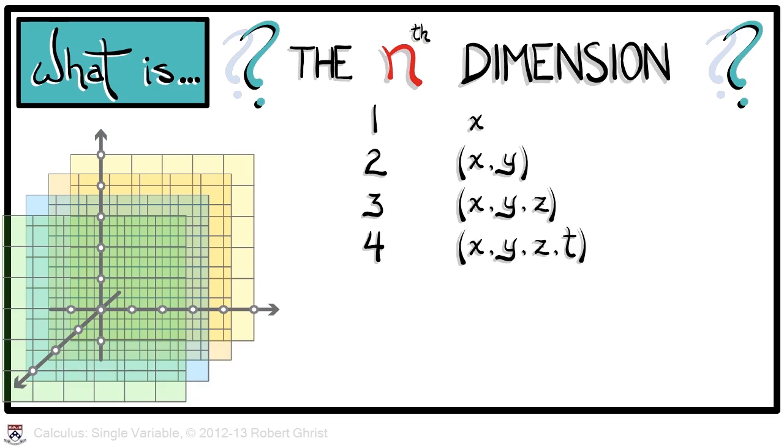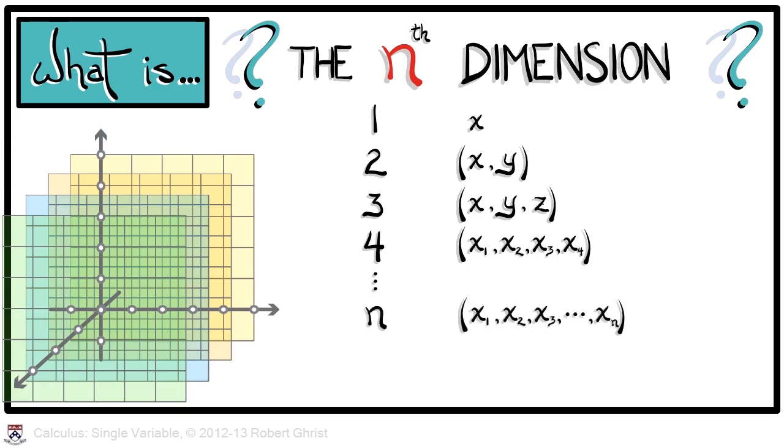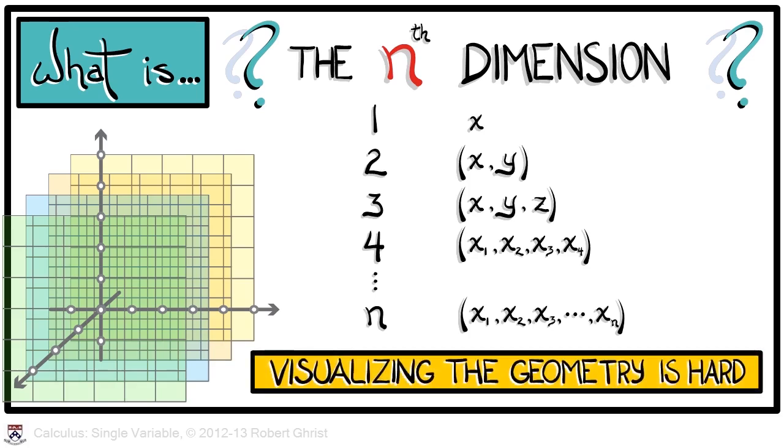You might be tempted to use t for time or some other variable name, but why don't we just use subscripts? x1, x2, x3, x4. The reason for this is that when we move to the nth dimension, for large values of n, we don't have enough letters, but we do have enough subscripts.